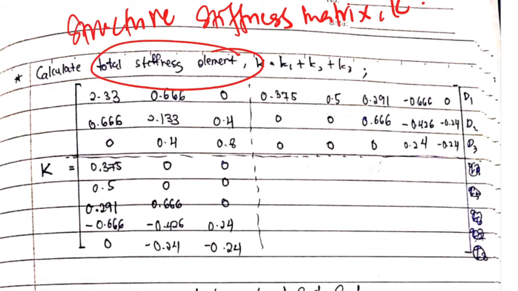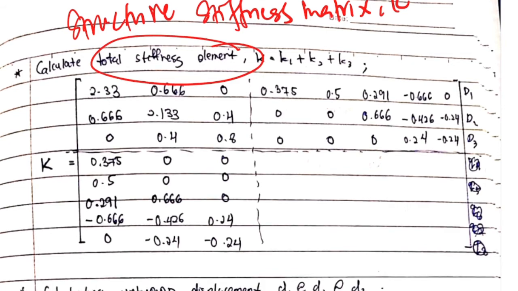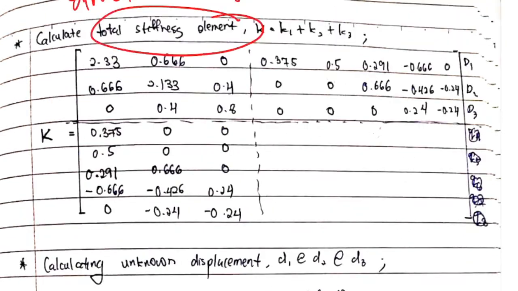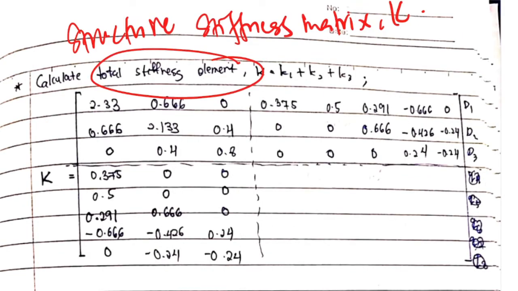You don't need to give in full. However, if you want to write this K, it doesn't matter, it is not wrong. All must be 8 positions from position 1 until position 8.